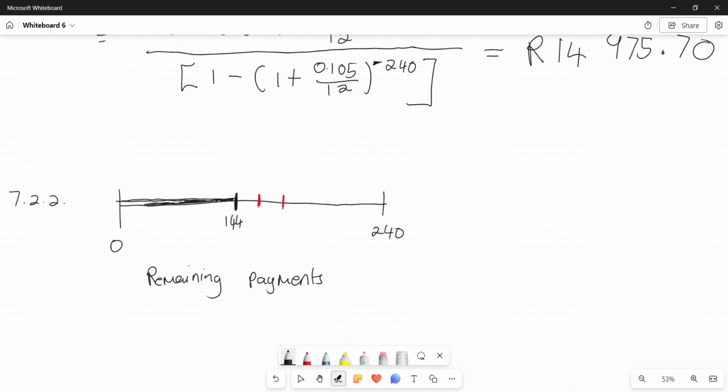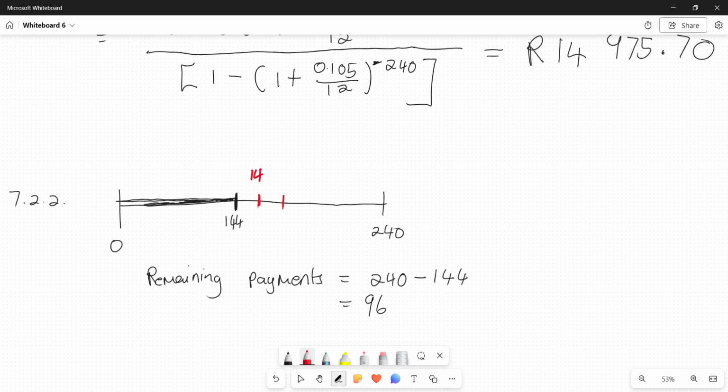Since we have paid 144, it will be 240 minus 144, which is 96. So we are left with 96 payments.